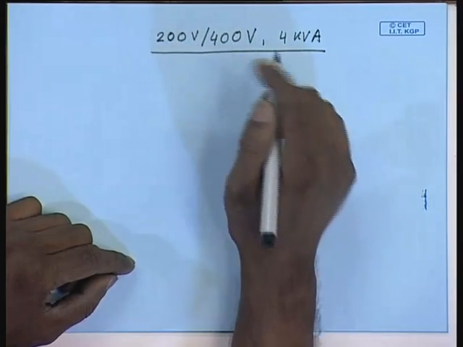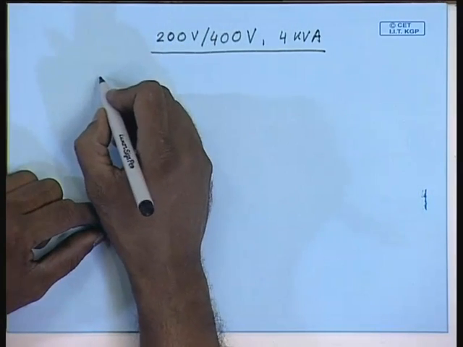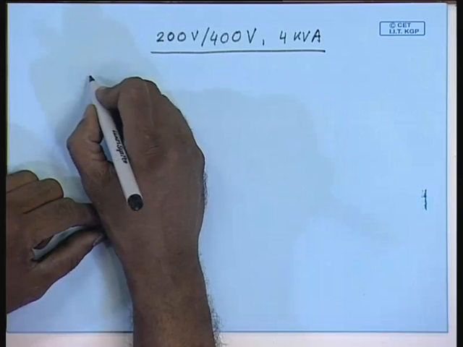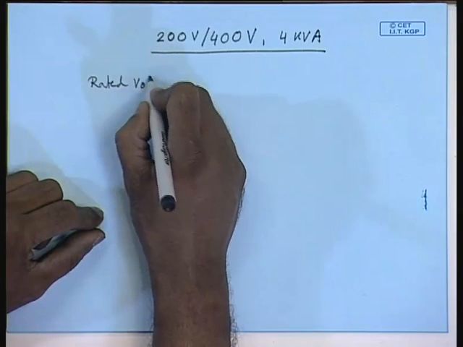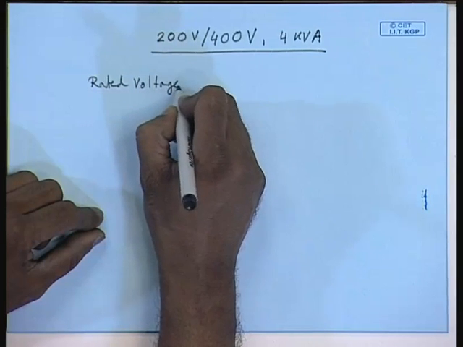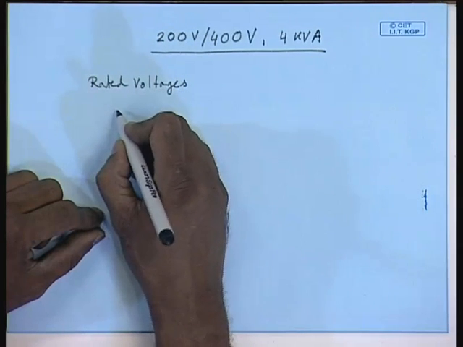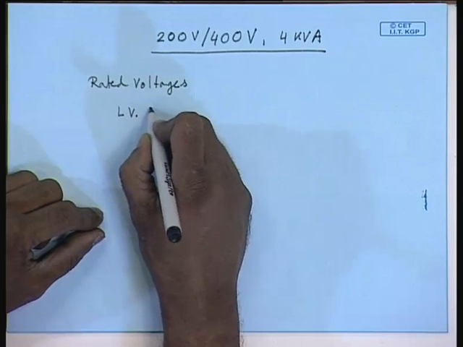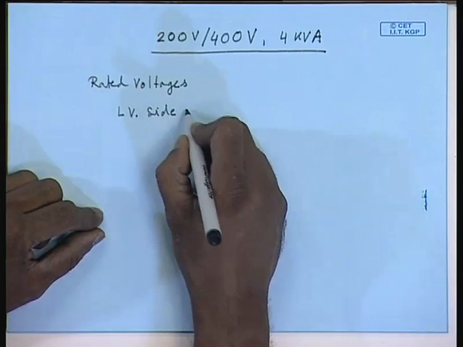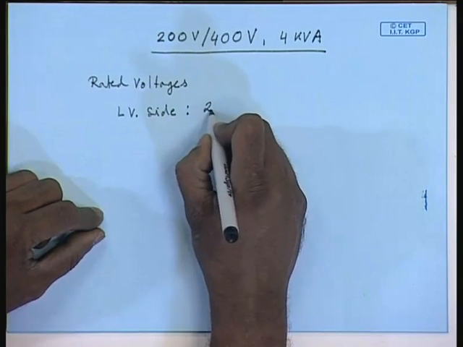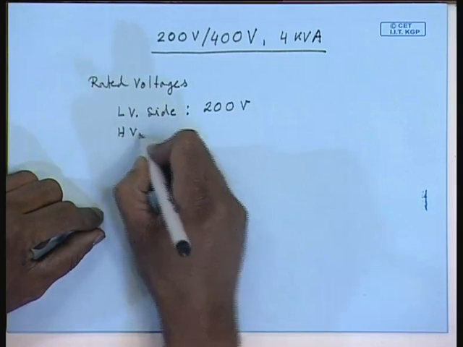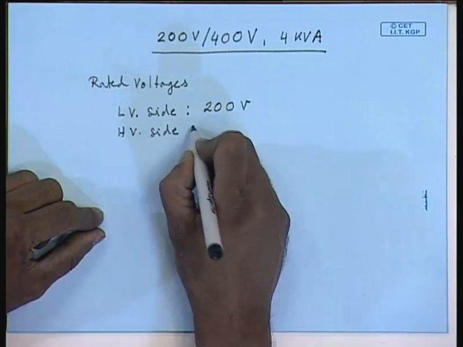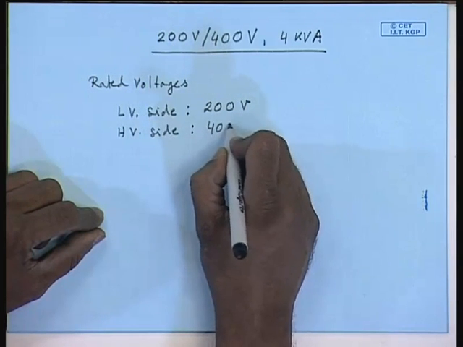And for this transformer, the rated voltages are, for the LV side, 200 volts, for the HV side, 400 volts.